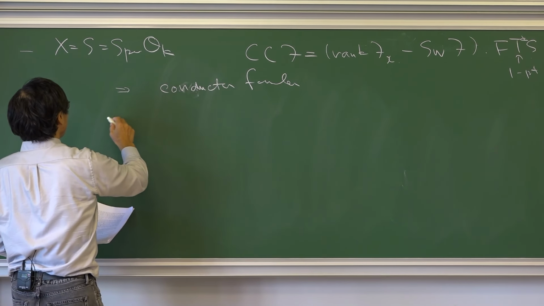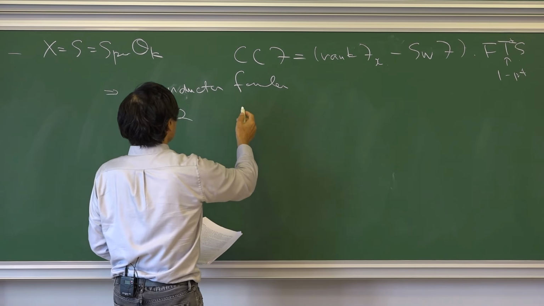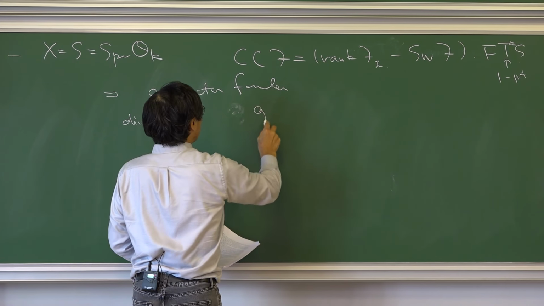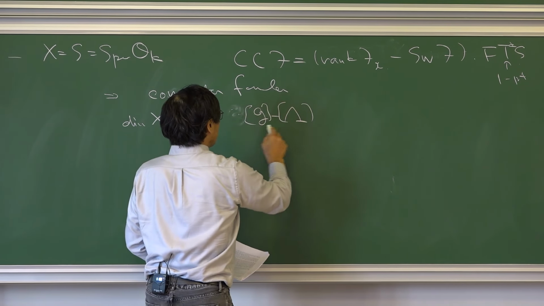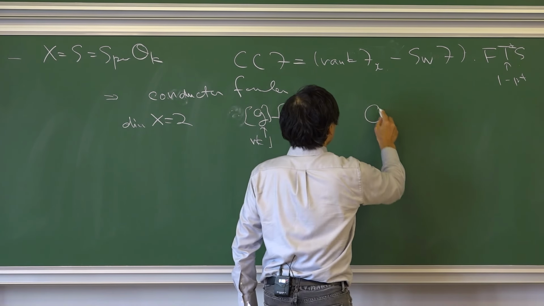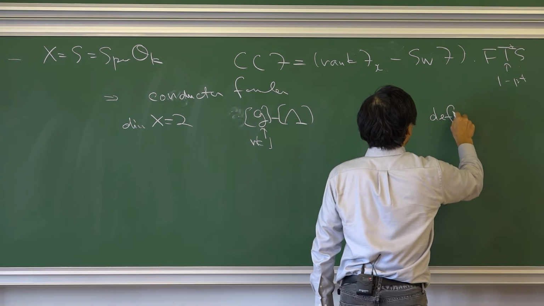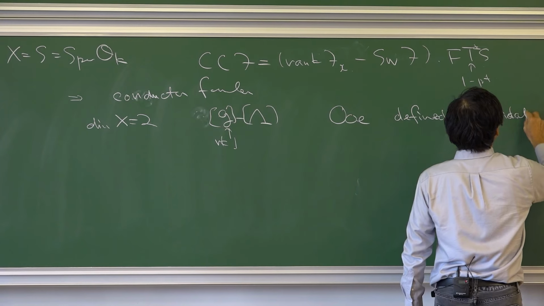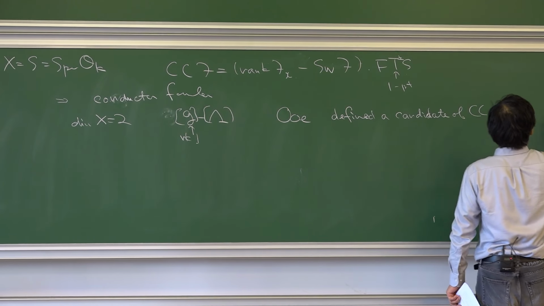In a special case where the dimension of X is 2 and F is the difference of a rank 1 sheaf with a constant sheaf, a student of mine, Oa, defined a candidate of CC and proved the conductor formula.